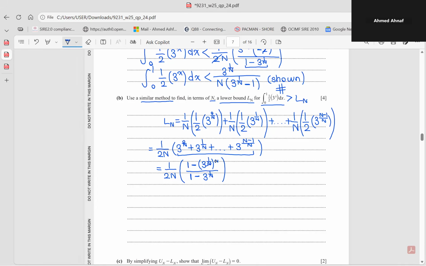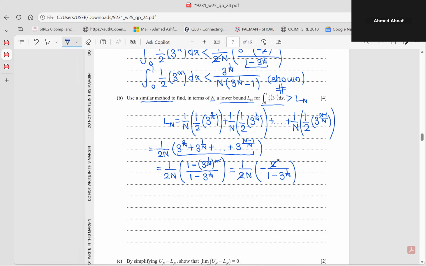This cancels out, therefore you'll just have 1 minus 3. So this is 1 over 2n, 1 minus 3 is minus 2, over 1 minus 3 to the power of 1 over n.